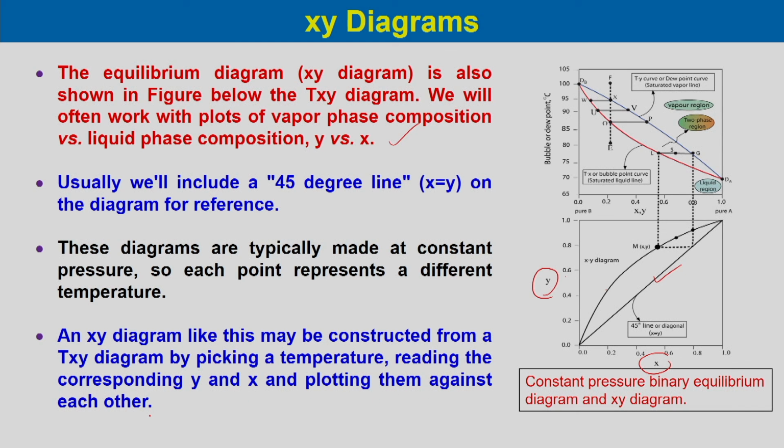So, if we have the TXY diagram, we can pick a particular temperature and read from it the vapor and liquid composition at that temperature, and from that we can plot the XY diagram.